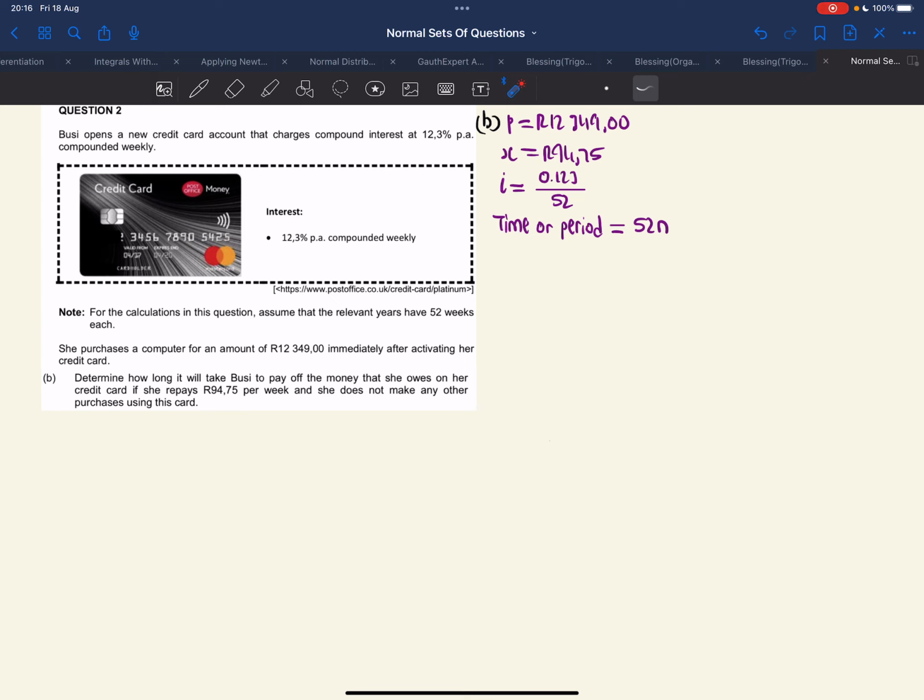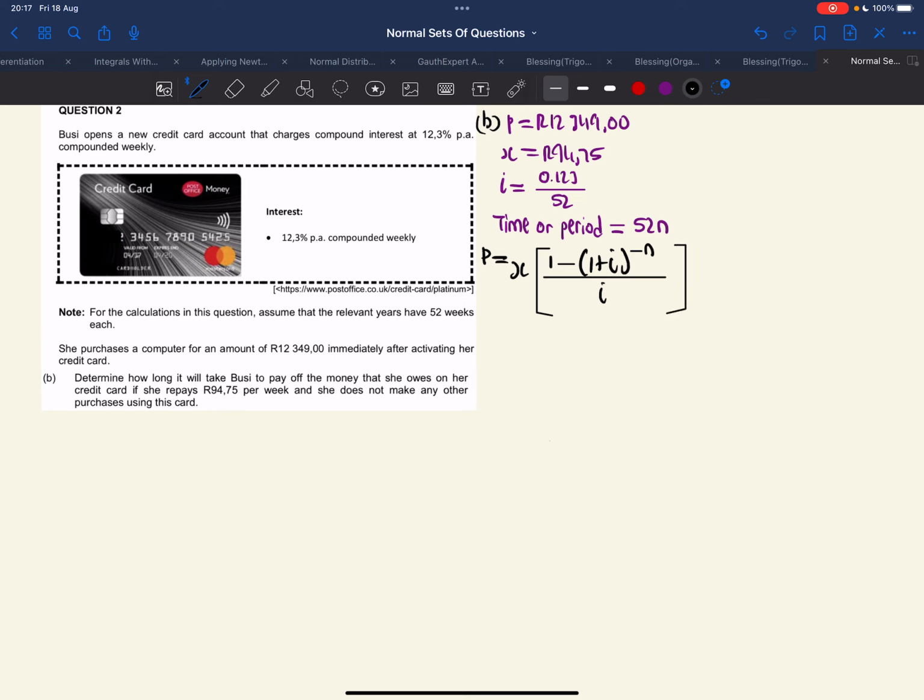So the formula to do all of that is given as P equals X, then we have a huge bracket like this: 1 minus, open bracket, 1 plus i, to the power of minus n, close bracket, all over i. Then we close the brackets.